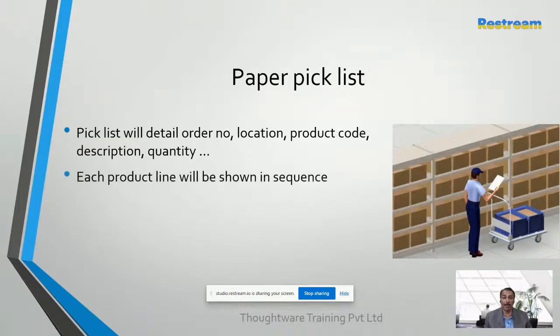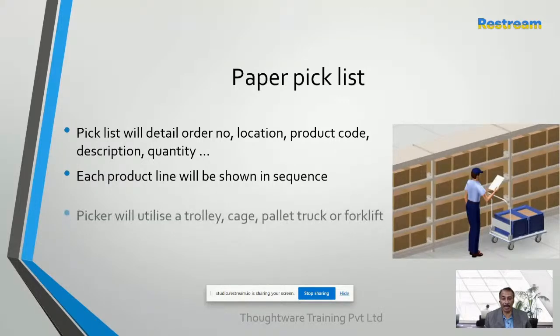All these things may be available, and each product line will be shown in sequence, which means the picker has to follow only one direction, and there should not be any crisscross in the movement. So the picking list will provide a sequence which the picker has to follow, and ultimately it is going to result in minimum picking time.